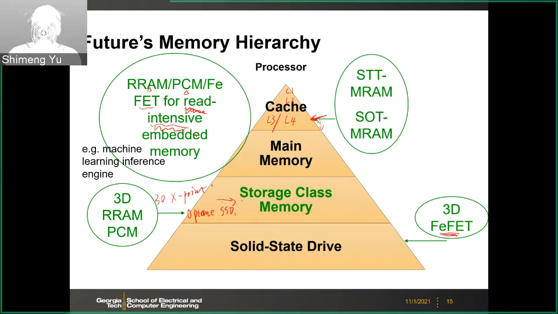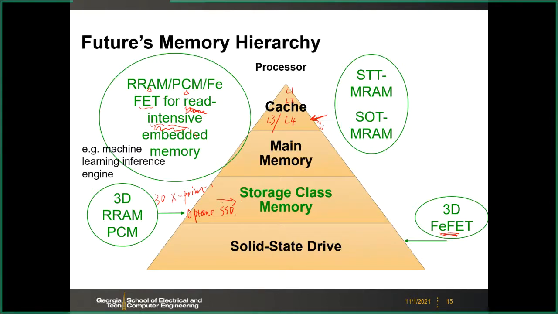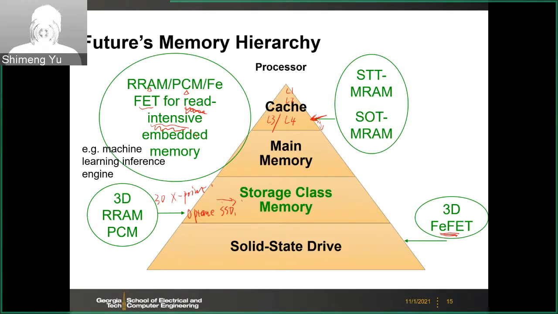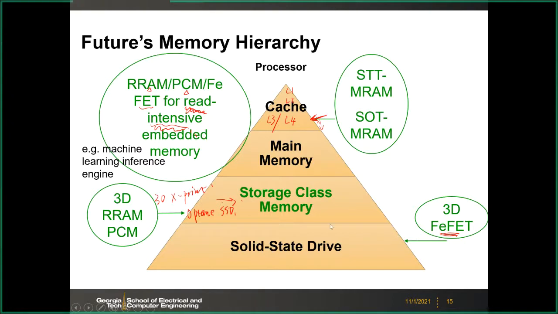And if we can do the 3D version of the FE-FET, then it may have a chance to change the NAND flash or the SSD, if you can have the 3D vertical NAND flash made of the FE-FET instead of the charge trap transistor. Then it can be much faster than the NAND flash based on the charge trap. So they may have some chances there.